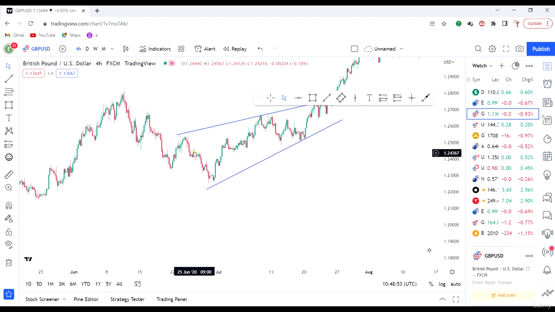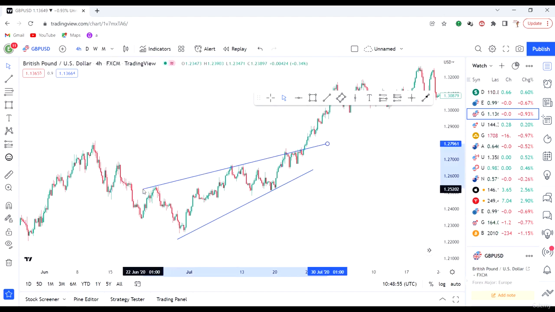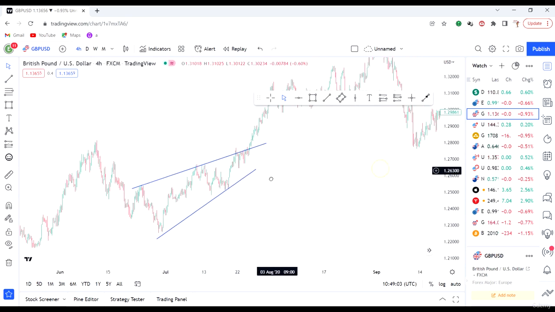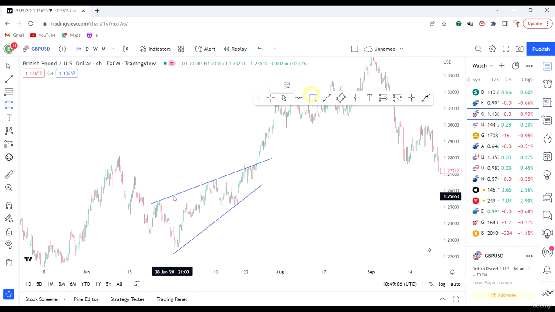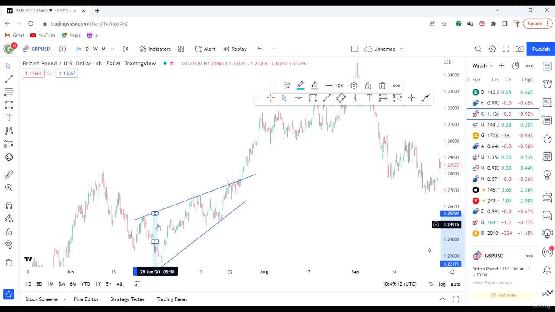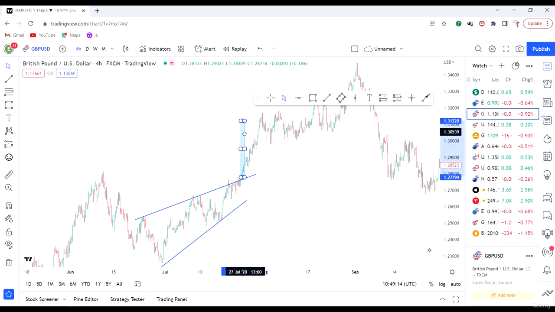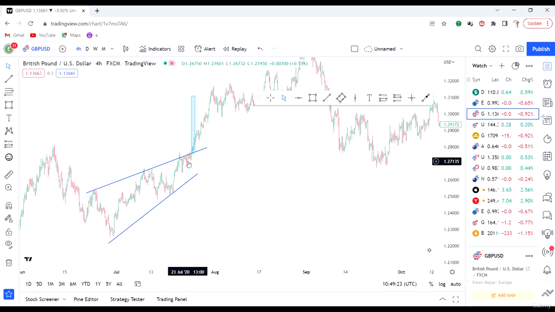You can see that the market came here, came down, hit here, came here, hit here, hit here, hit here, and then broke up to the upside. Now, if we are going to calculate the target, just draw the line here and then drag it to this point, and now we can see that the target is the same as the distance we made here. So this is a perfect example of a wedge.